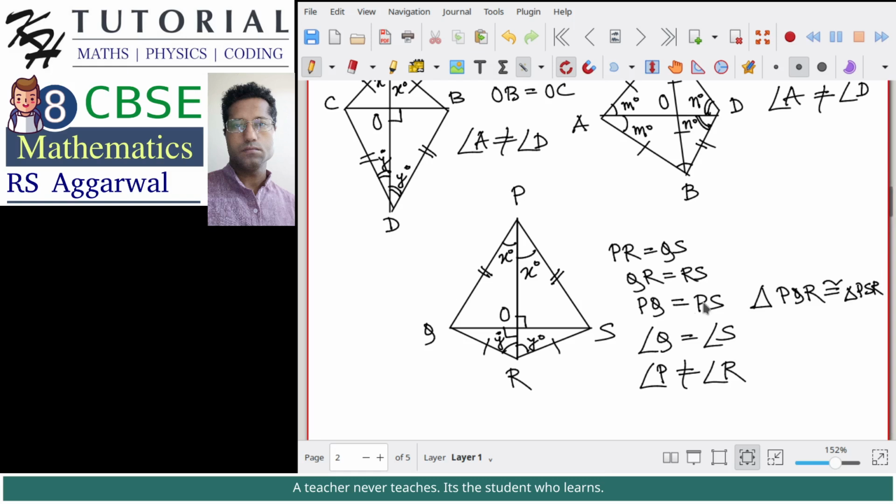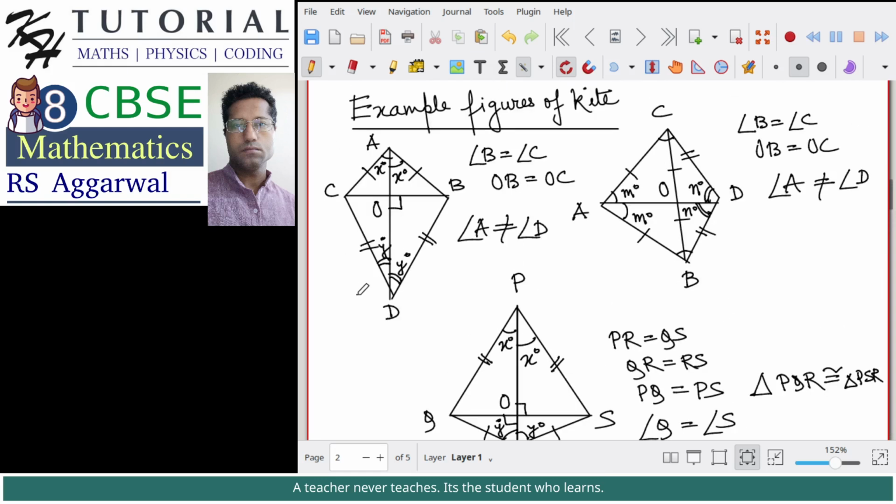In the other two kites, for the first kite, we will have triangle ACD congruent to triangle ABD, and for the second kite, we take the diagonal that is bisecting the pair of opposite, unequal angles, that is diagonal AD. So we will have triangle DCA congruent to triangle DBA.